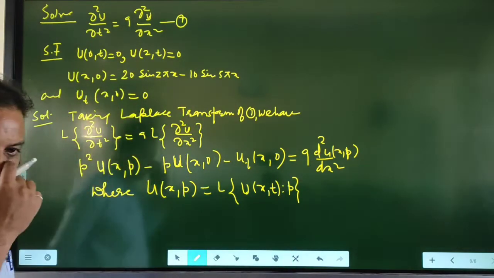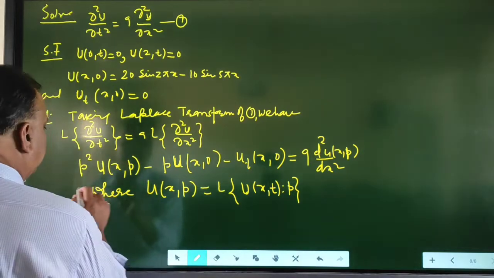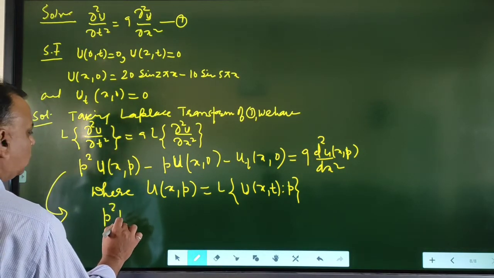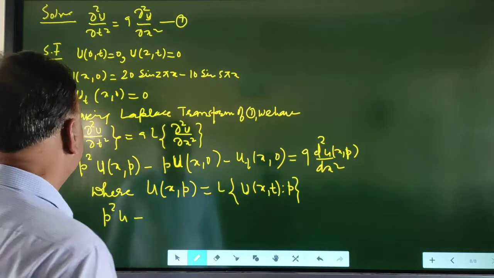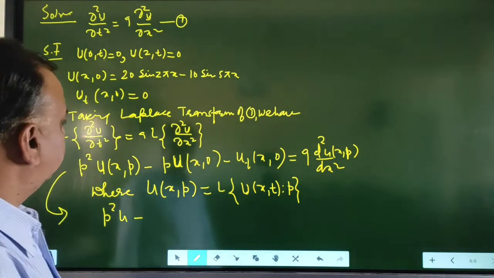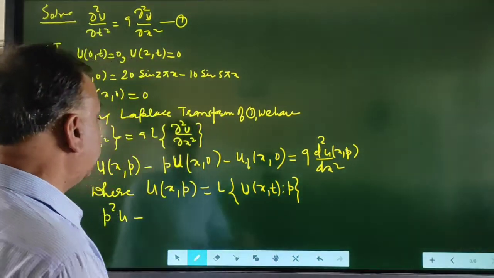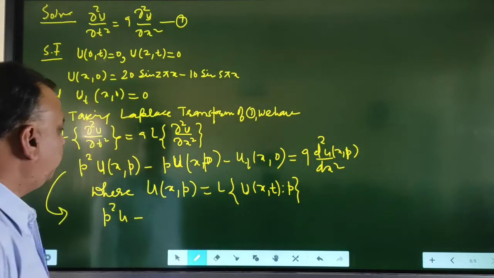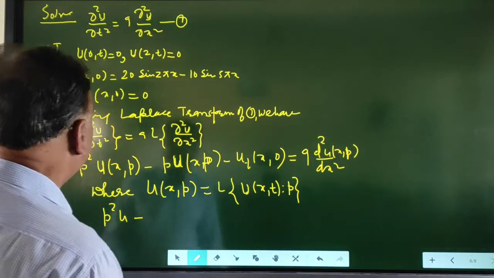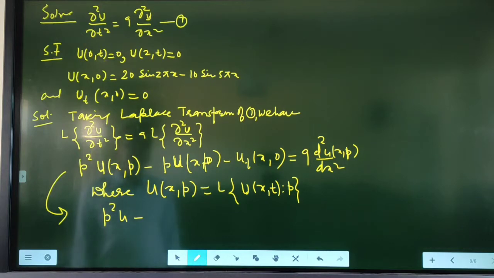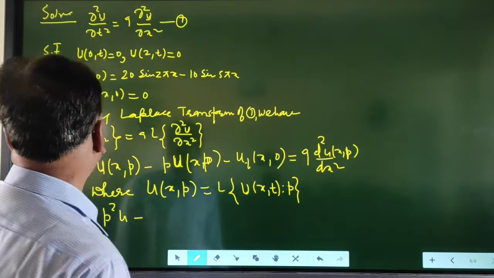Now, using the given conditions, we get this equation as p square u(x,p) minus p u(x,0) minus u_t(x,0). Here it is p u(x,0), and u_t(x,0) is given as 0.